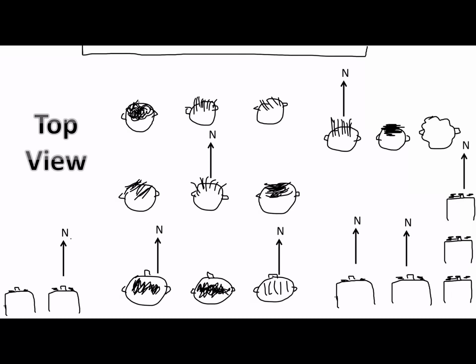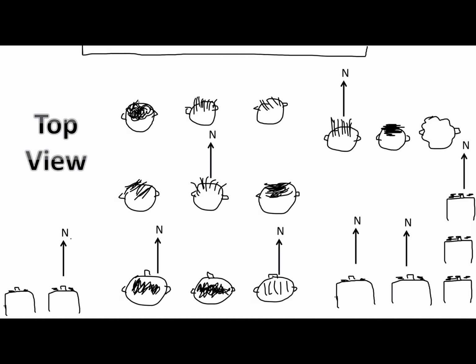Now figure out, for the different people here, how would you draw the bearing of the class monitor from each of them? Pause this video and think. Let's start with this person who is sitting exactly to his left.